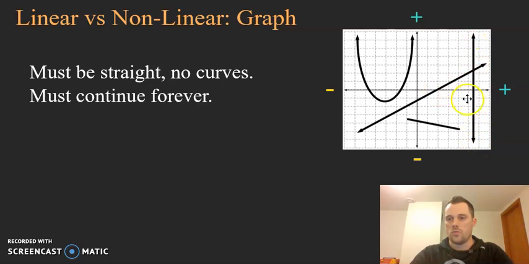So these two are linear functions. We can't say that a segment is a linear function. It can be part of a linear function that has a restricted domain or range, but it wouldn't be considered a linear function. Notice that these can be vertical, horizontal, or diagonal.